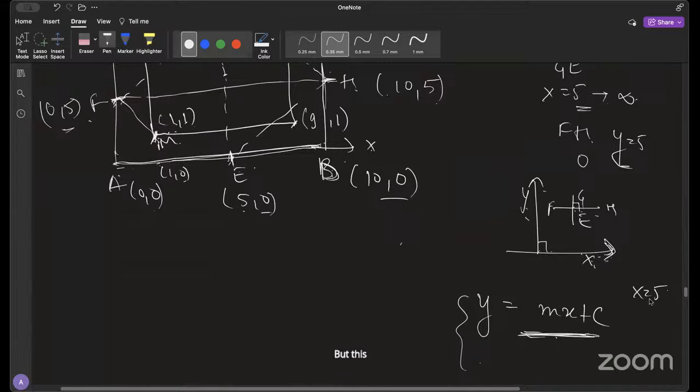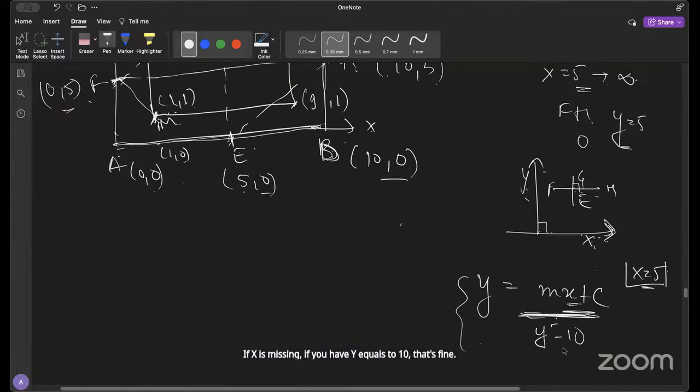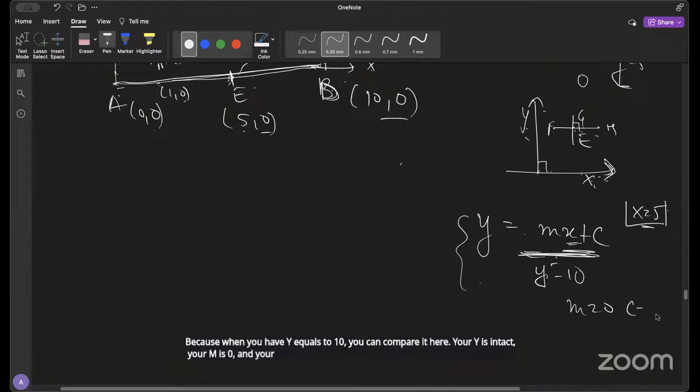For it to be in this form, do you see that this line is not in this form? Because you don't have the y here. If x is missing, if you have y equals 10, that's fine, because when you have y equals 10, you can compare it here. Your y is intact, your m is 0, and your c is 10, right?